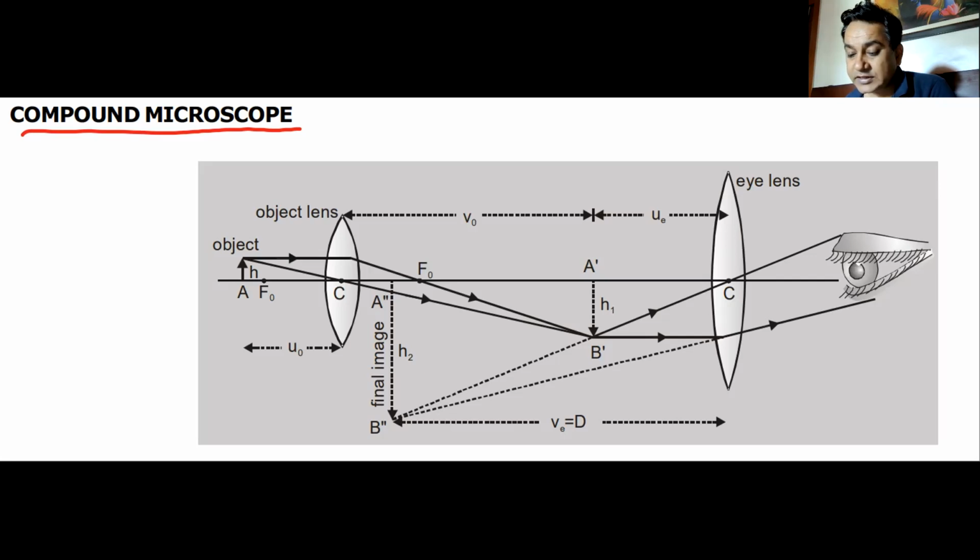So we'll have to study the diagram carefully, and I'm going to show you the diagram on the bigger screen so that we can understand the working of this microscope and draw the diagram so that we can continue with it in the next class.